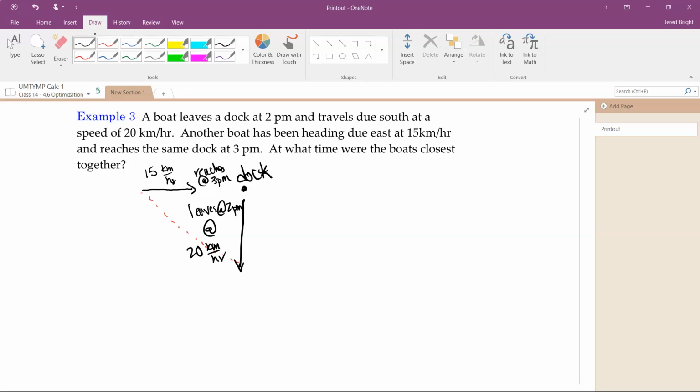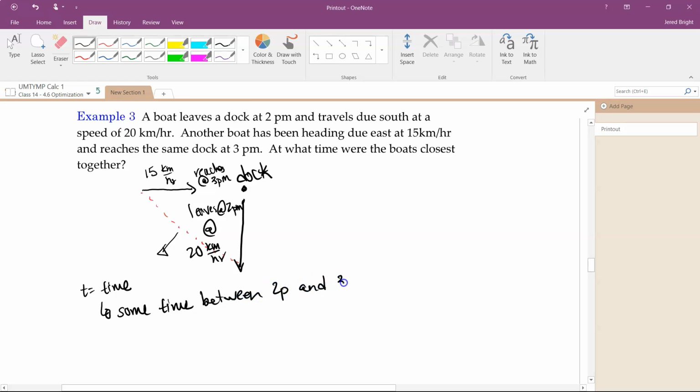Okay, but the idea here is that if we think about the time, t is time, and this length here that we're looking at is going to be sometime between 2 p.m. and 3 p.m., right?